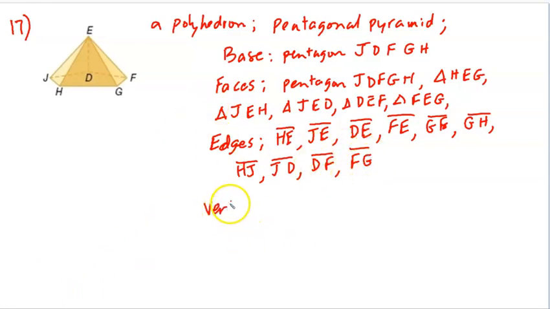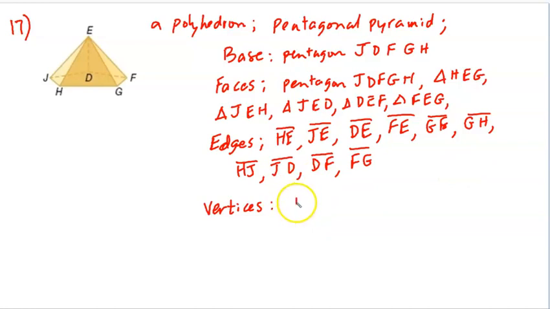And then finally the vertices. We can say the vertices are E, H, J, D, F, G. I'll just list those so that the top vertex is last.